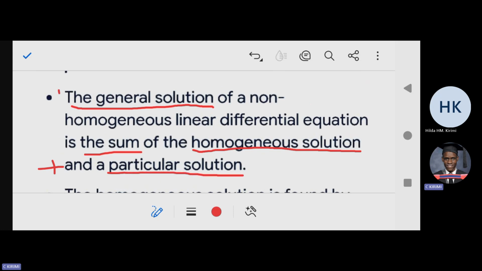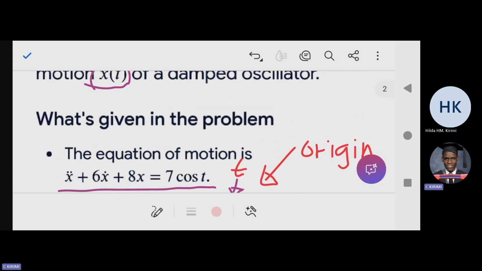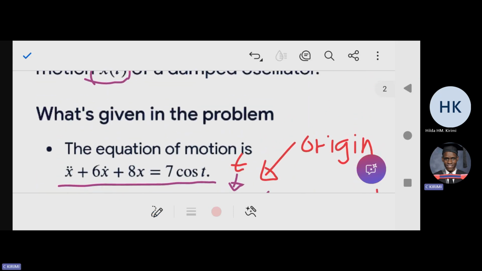So this is how we are going to find the general solution for the differential equation that we have here on top. We want the general solution to this differential equation. Get it?